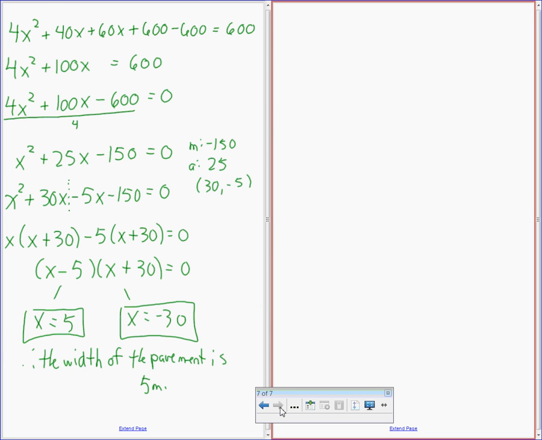Okay, here we go. Example 2 says, how about we say Dairy Queen, since everyone works at Dairy Queen, has a store that is 25 meters by 35 meters.